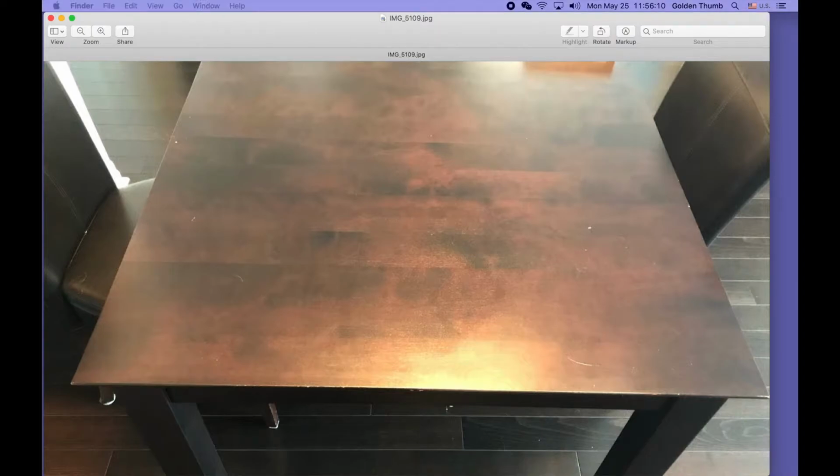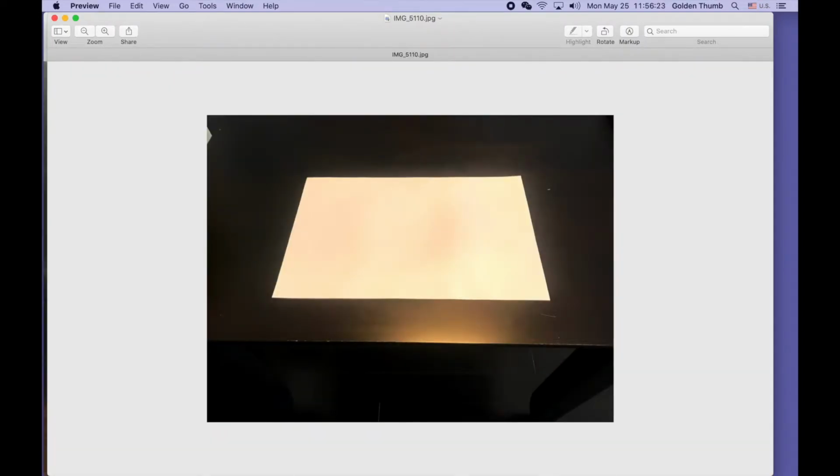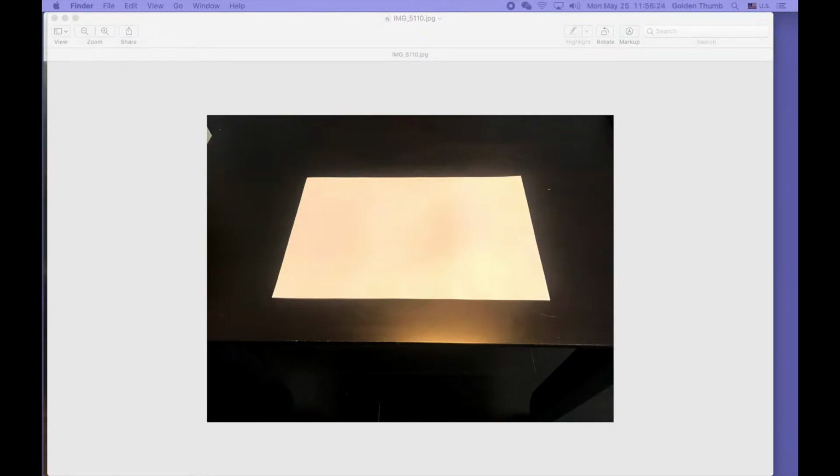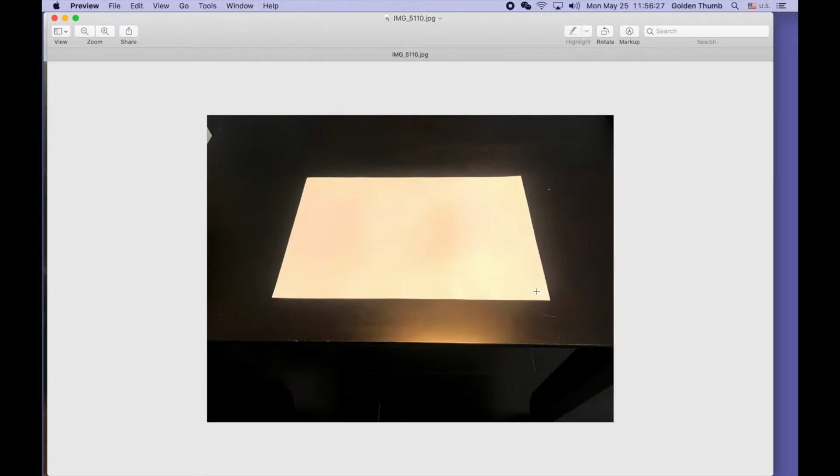And next, grab a blank sheet of paper, a good high quality paper, okay, like that.